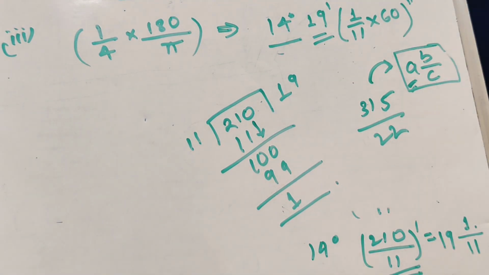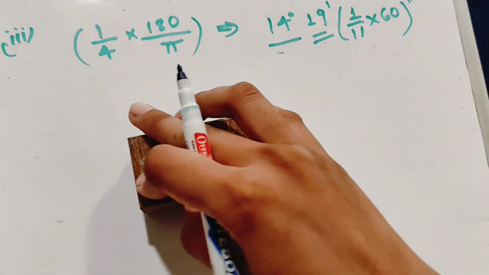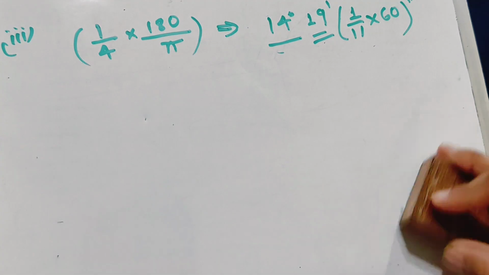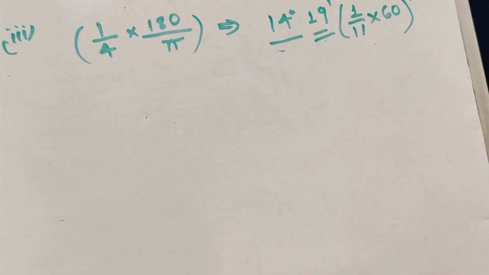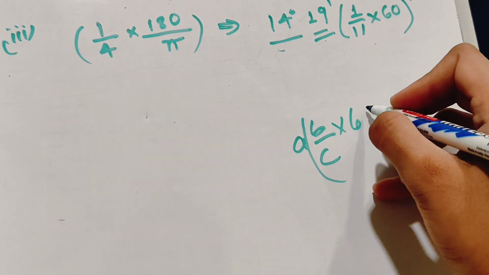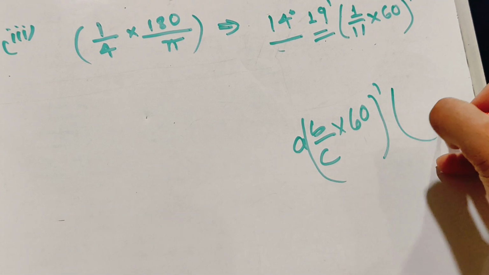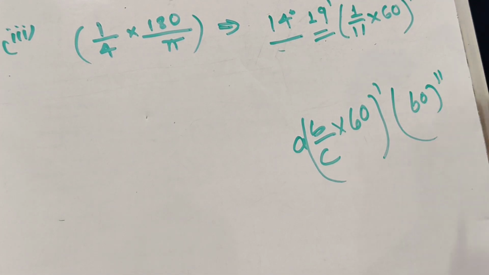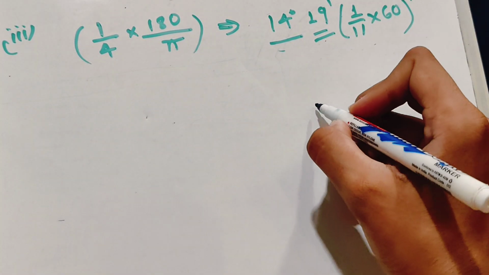I will get the seconds. So that is how you do it. Very simple. Convert it to a mixed fraction, get the value of degrees, and just multiply the fraction with 60 to get it in minutes, and then further multiply it with 60 to get it in seconds. That's the method, right?